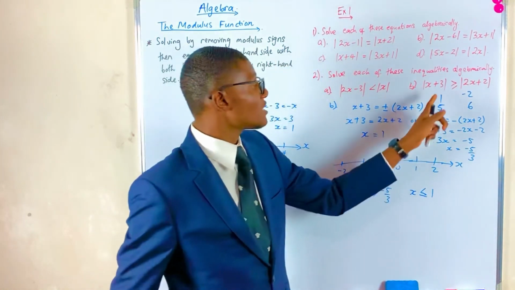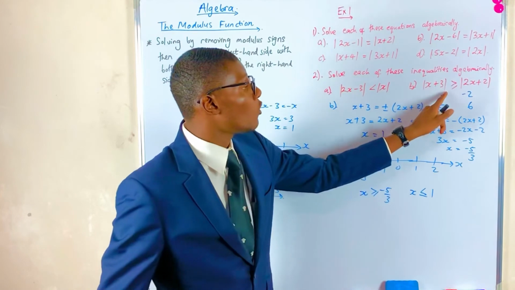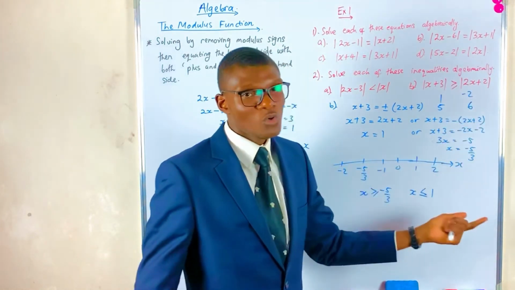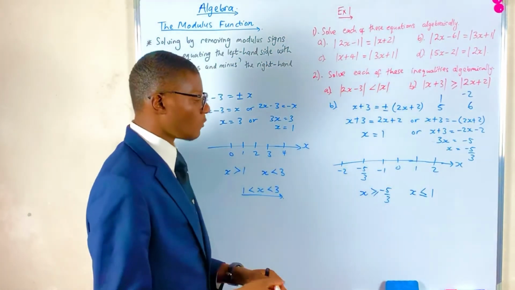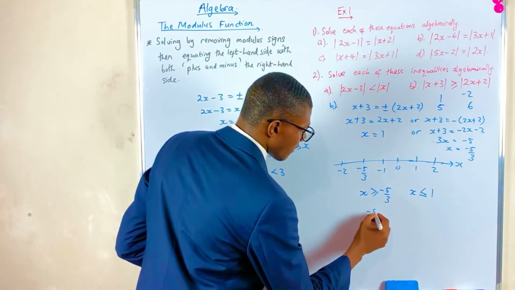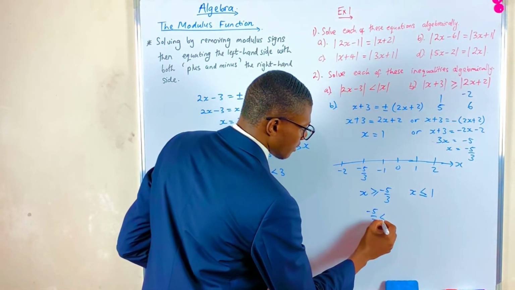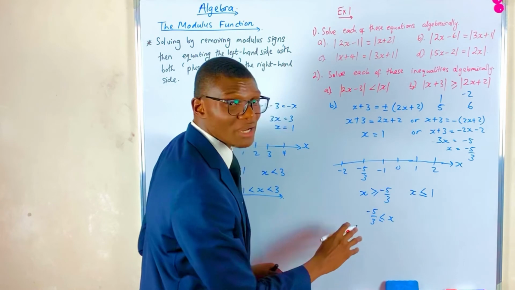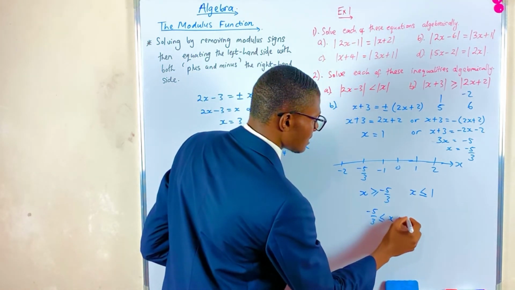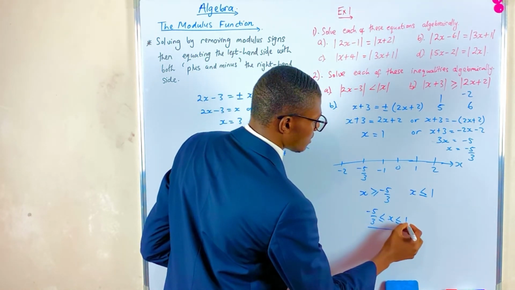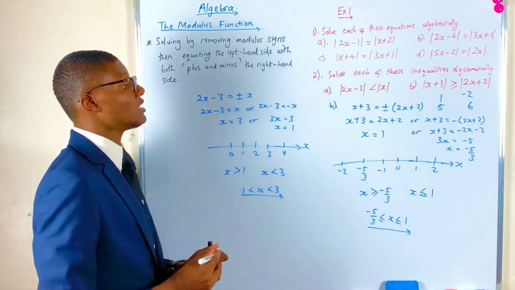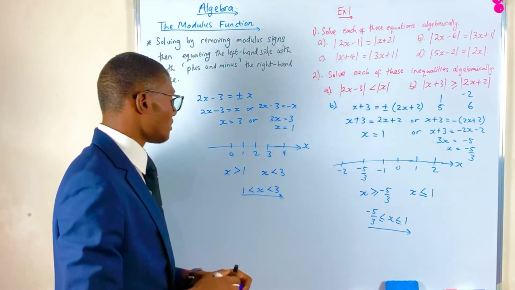For x equal to 1, we'll have 4 and 4, so of course 4 is greater than or equal to 4. So the final answer will be x being greater than or equal to minus 5 over 3, but less than or equal to 1. So this is the solution that we need for part 2b.